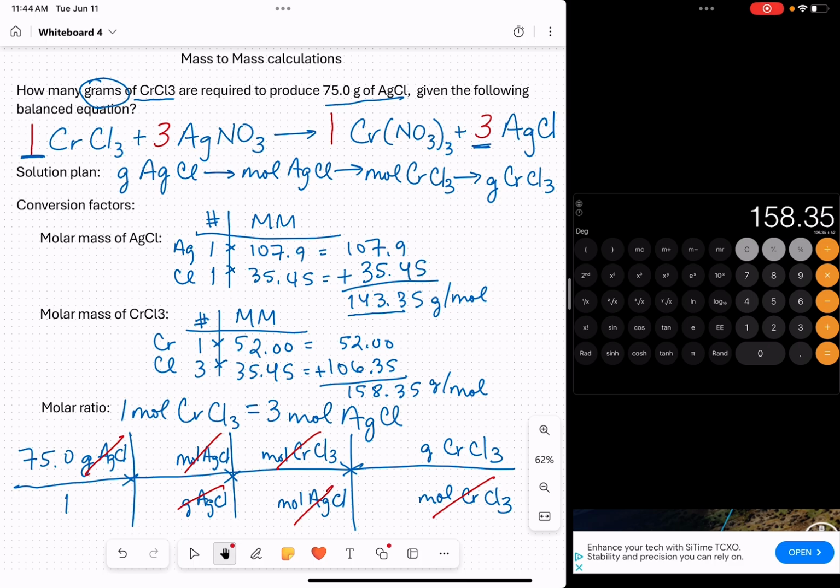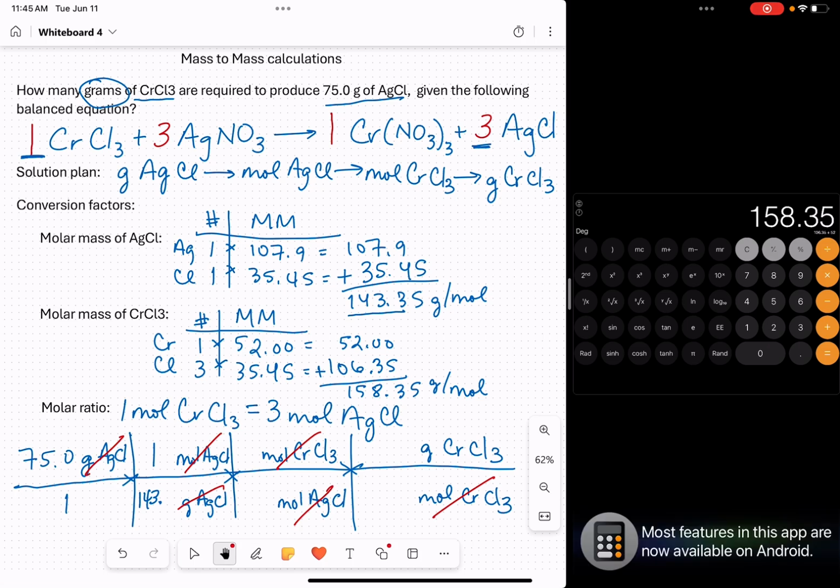I'm going to use the molar mass of silver chloride. 1 mole is equal to 143.4. I'm going to round that up, grams.